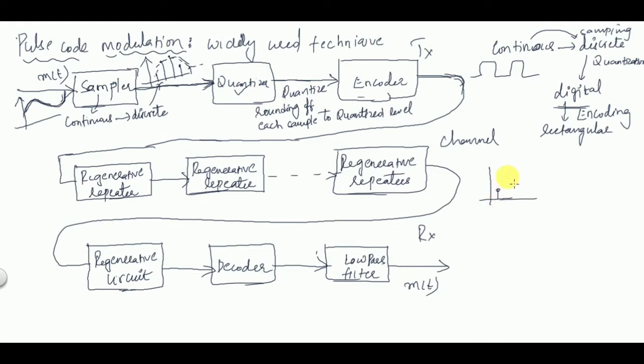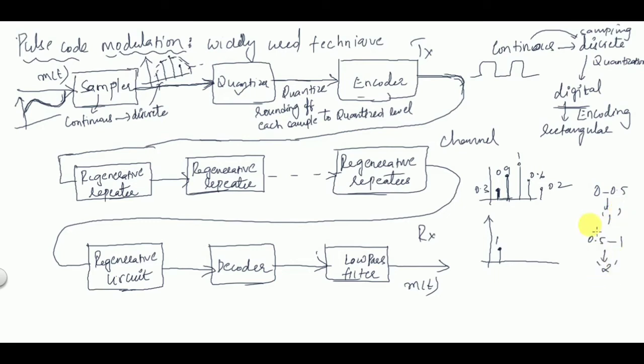The amplitudes may be 0.3 volts, 0.9 volts, 1 volt, 0.6 volts, 0.2 volts. Based on the quantization level, the quantizer rounds off these amplitudes of the samples to the nearest quantization level. Suppose from 0 to 0.5 the quantization level is 1, and from 0.5 to 1 the quantization level is 2.